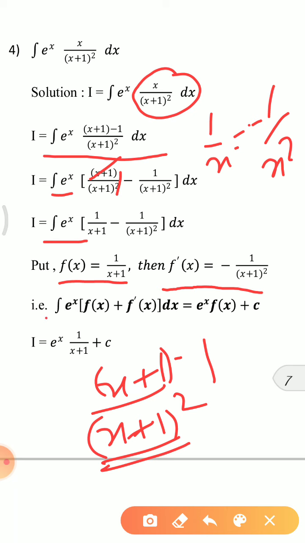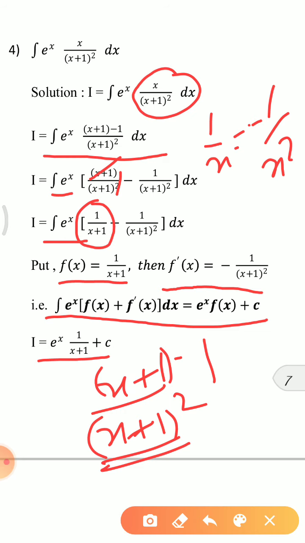We should apply this type of integration, that is the integration of e raised to x into f of x plus f dash of x dx is equal to e raised to x f of x plus c, and here f of x is 1 upon x plus 1. That means the answer becomes e raised to x into 1 by x plus 1 plus c.